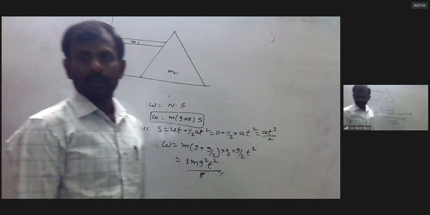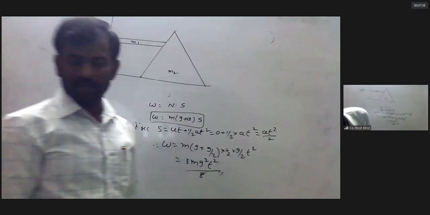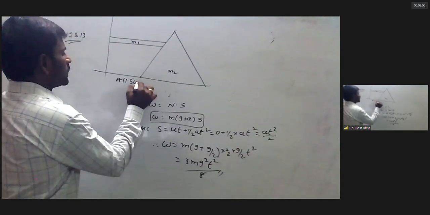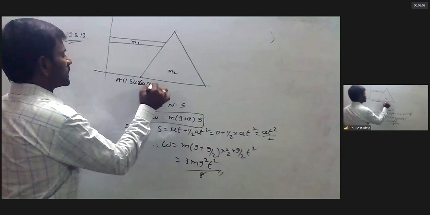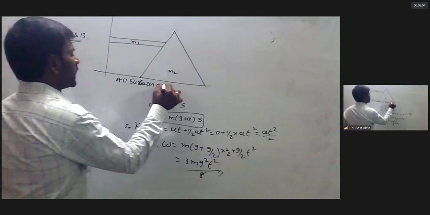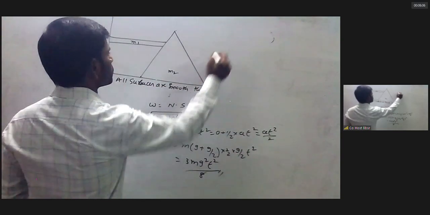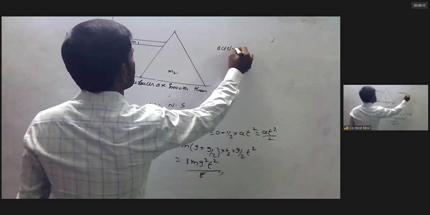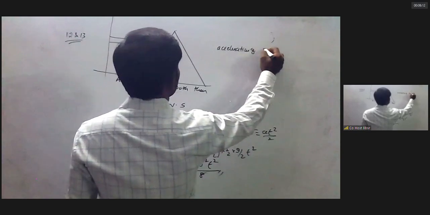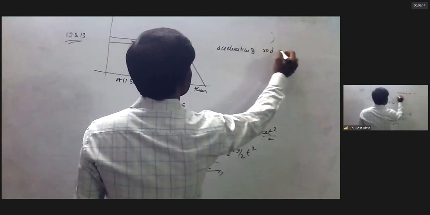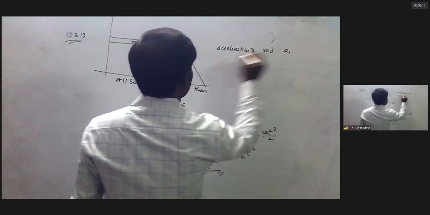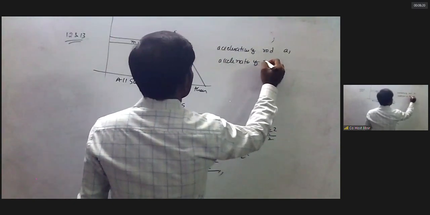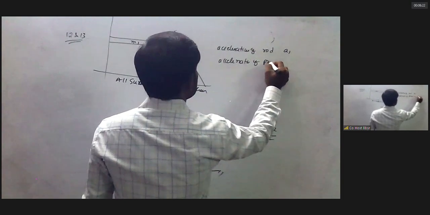All surfaces will be smooth. All surfaces are smooth. Then acceleration of rod A1, acceleration of prism A2, question mark.